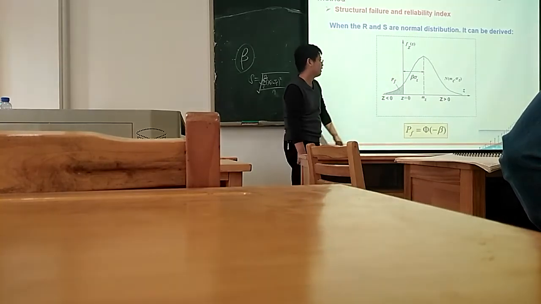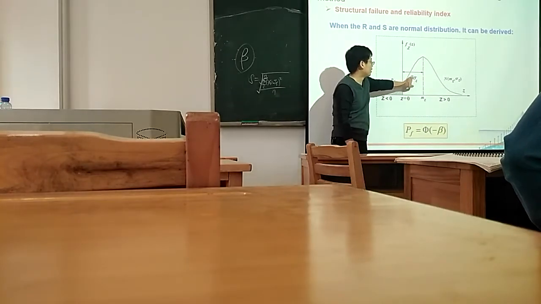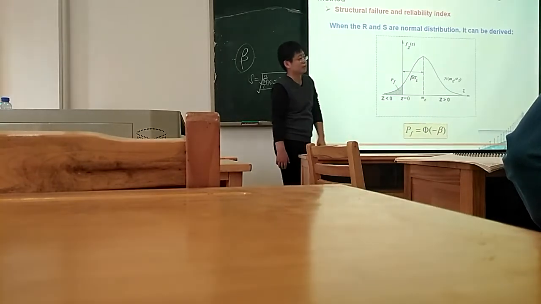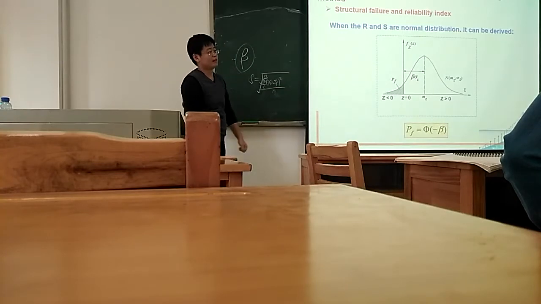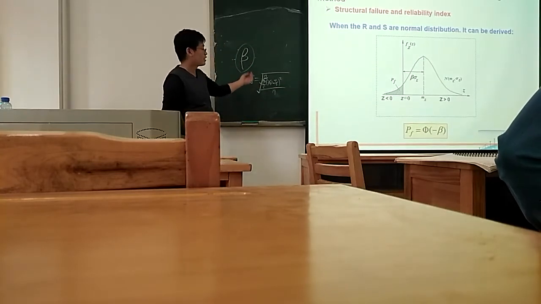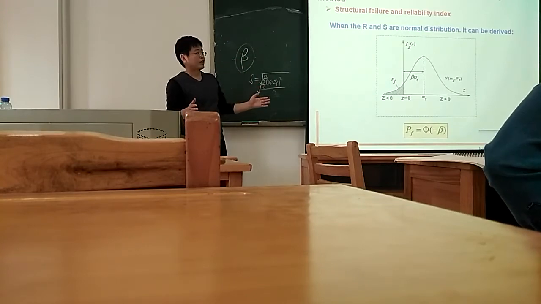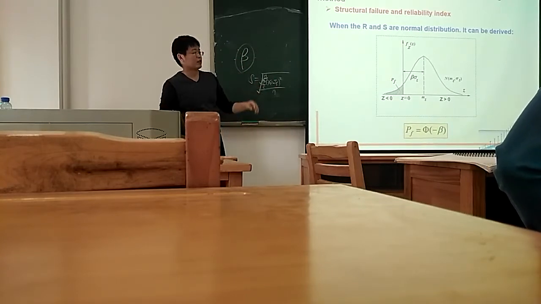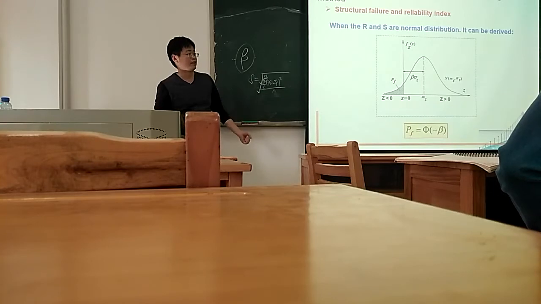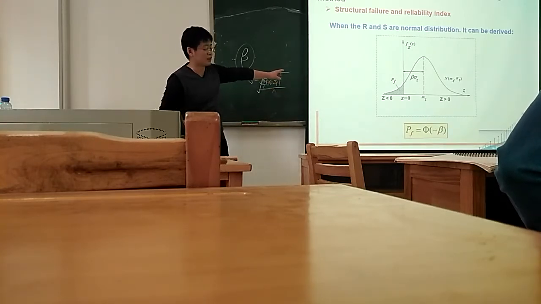So that's why a larger value of beta is better. A larger beta means you have a high guarantee for the probability. You can see it from this figure.